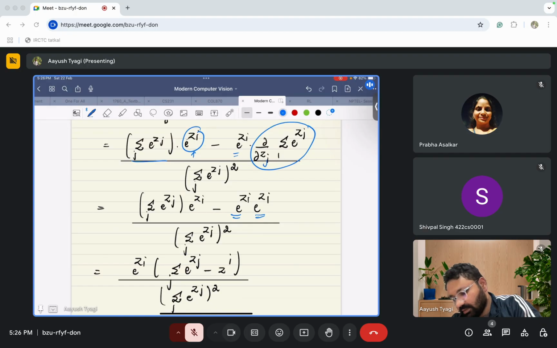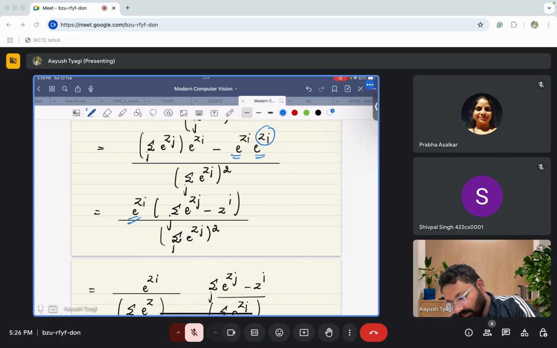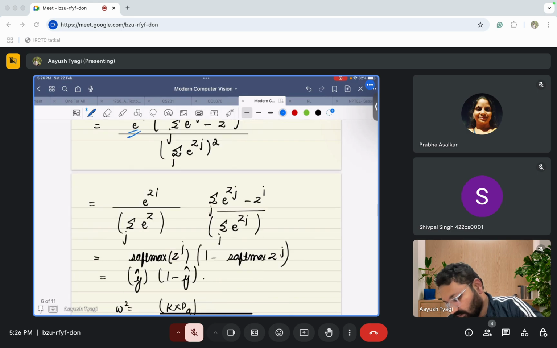From j equal to 0 to n, the only relevant value is e to the power zi. So you extract e to the power zi from both the terms, and you have the summation of e to the power zj minus e to the power zi, divided by the square of the summation.